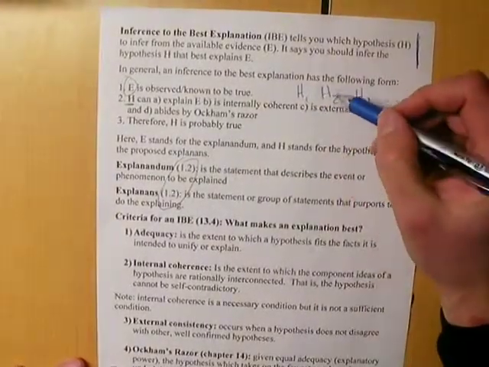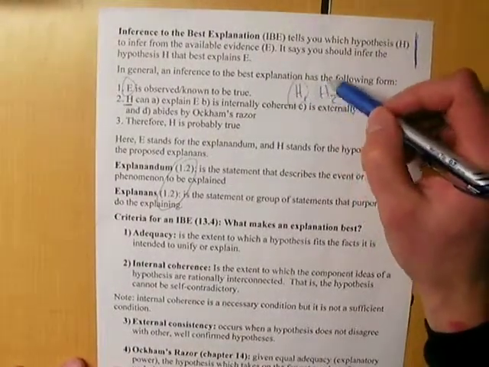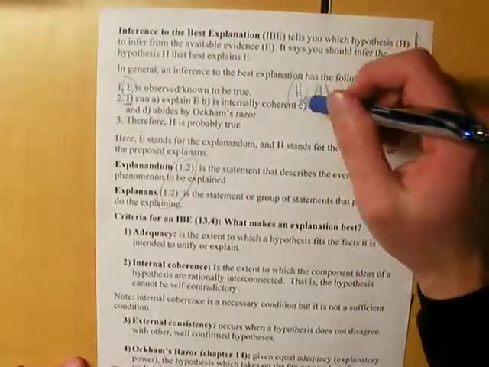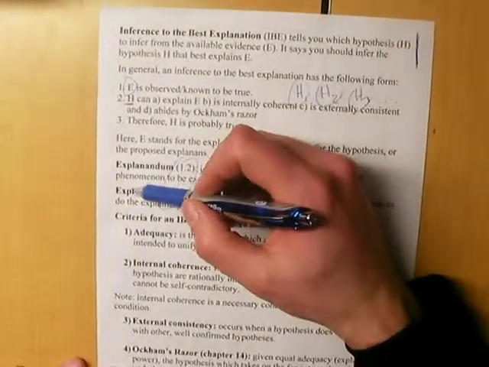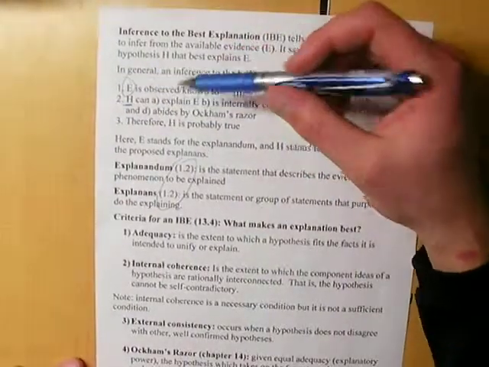Hypothesis 1, hypothesis 2, hypothesis 3. And we want each to be able to explain E. E we know, and the hypothesis, the explanans, claims to explain E.